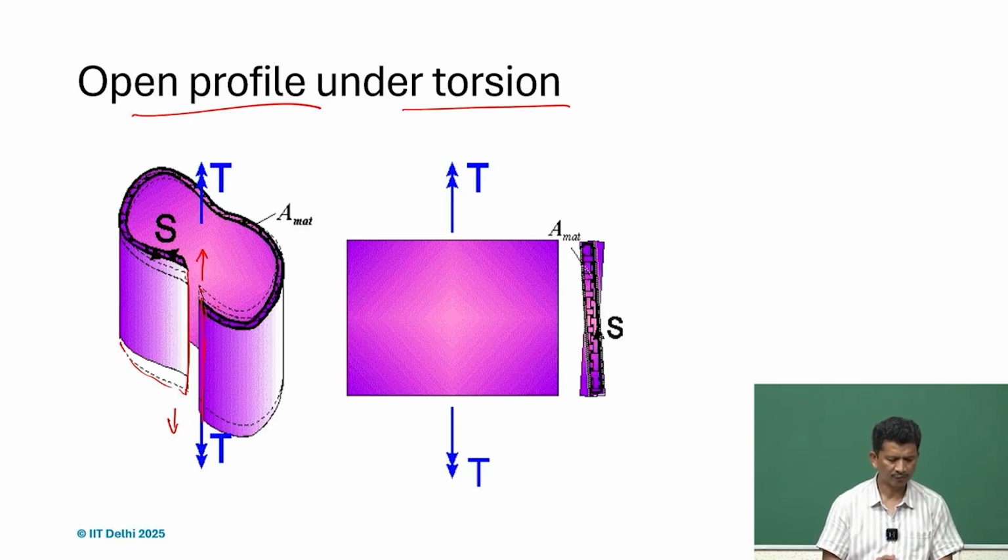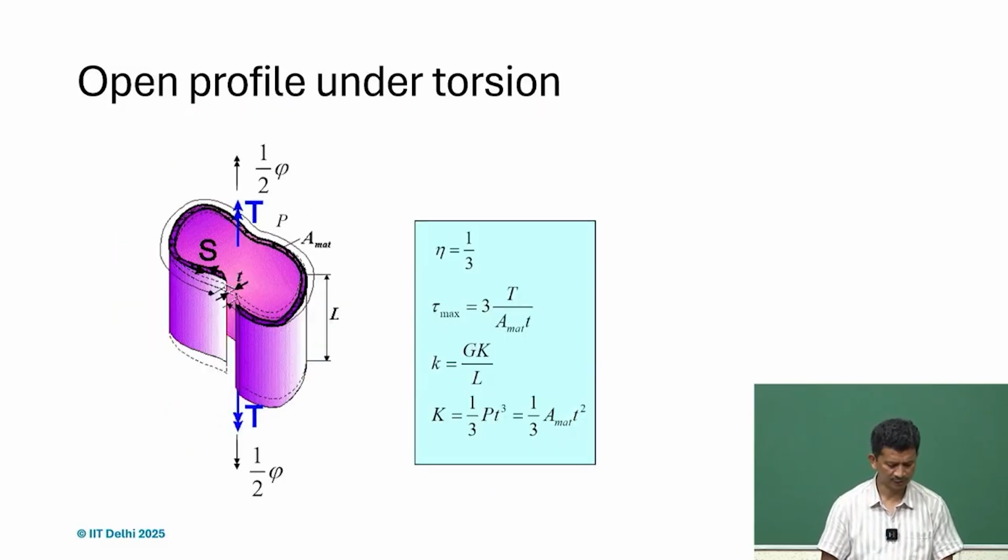And if we compare an open profile tube under torsion, then it's very similar to a thin sheet under torsion. So that's why we compare. And if you have this case, again we get this K as 1/3 A mat.